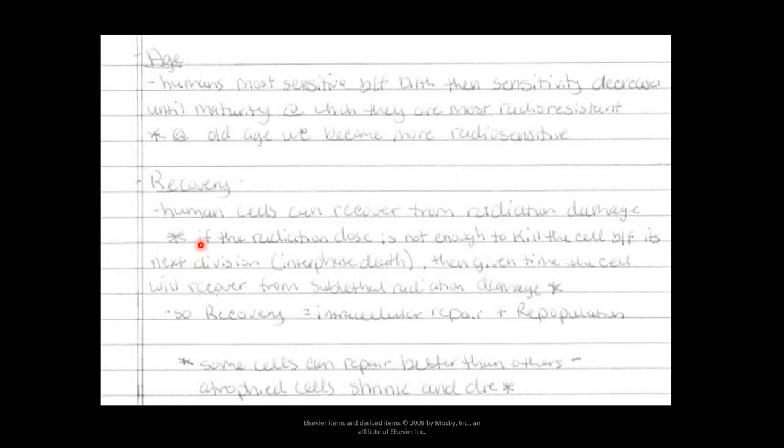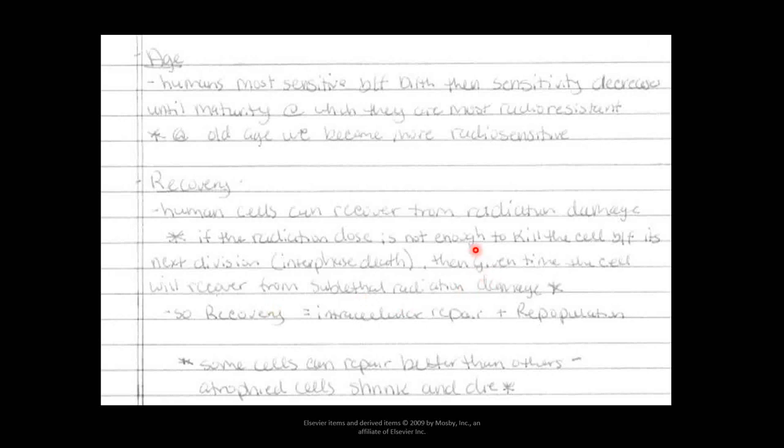During recovery, human cells can recover from radiation damage if the radiation dose is not enough to kill the cell before its next division. If the radiation kills the cell as it divides, that's interphase death. If you don't encounter this, then given time, the cell will recover from sublethal radiation damage.